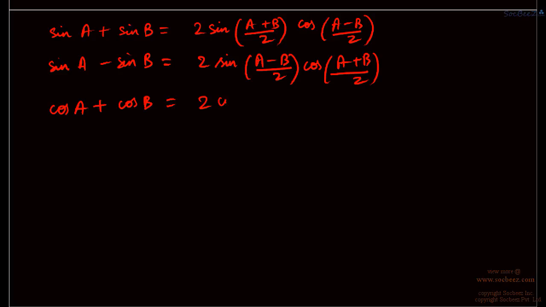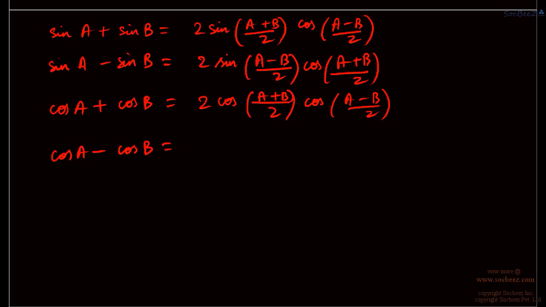But cos a plus cos b will give only cosine functions. This is 2 cos of a plus b by 2 cos of a minus b by 2.